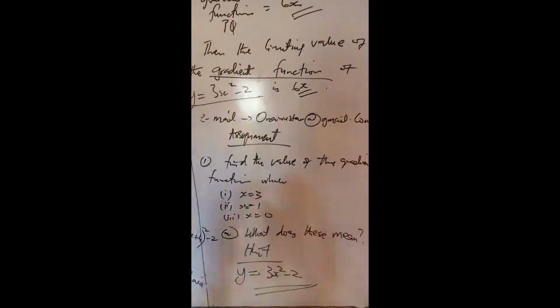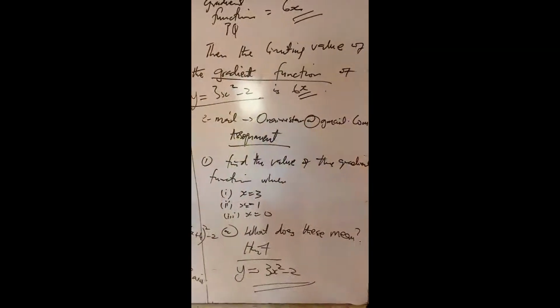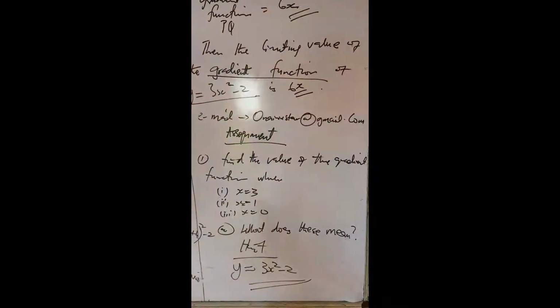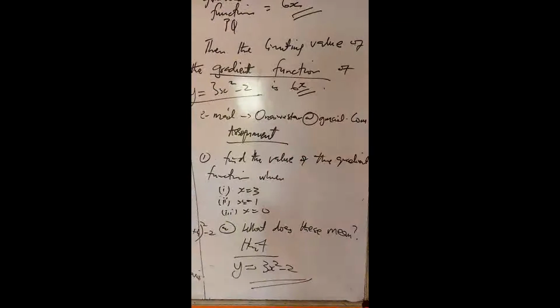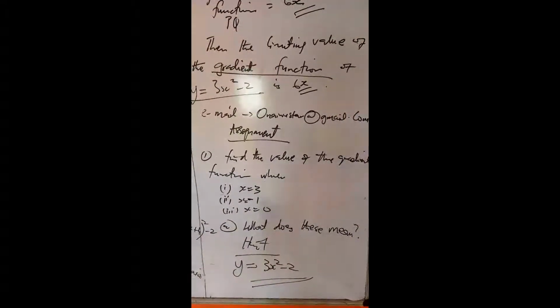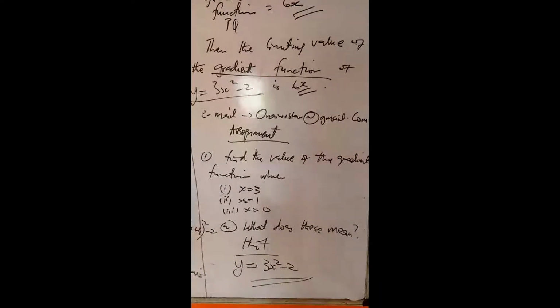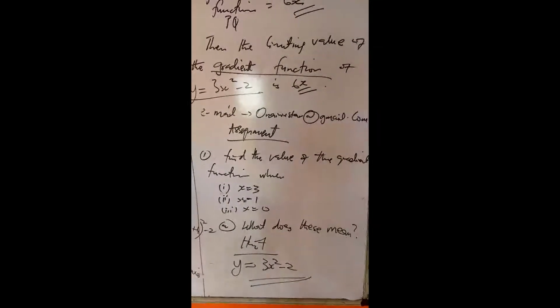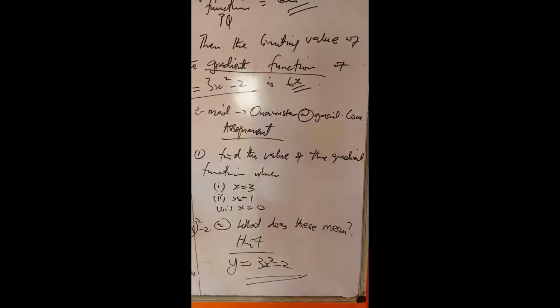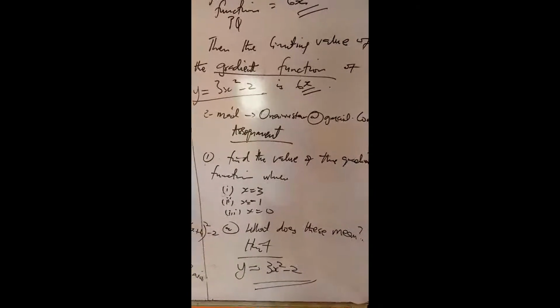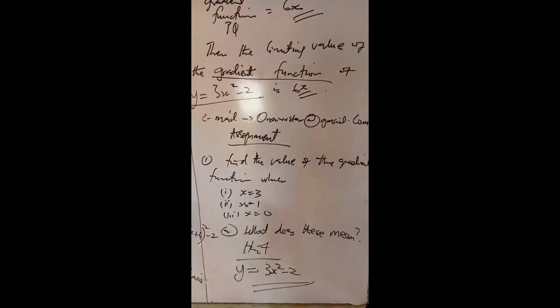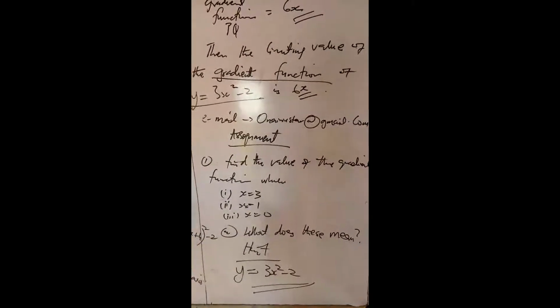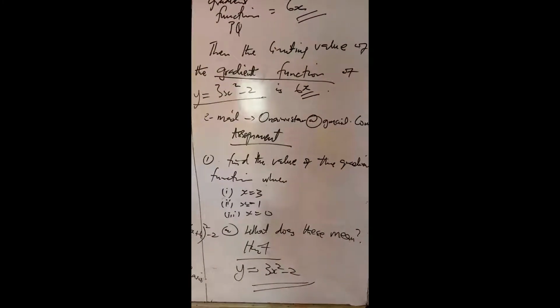So we have calculated the gradient function of this curve. So now substitute when x is equal to 3, x equals minus 1, x is equal to 0. And again, what does this mean? So it's not just knowing a little addition, subtraction, multiplication, but you also know the implication of the statement that you are making.